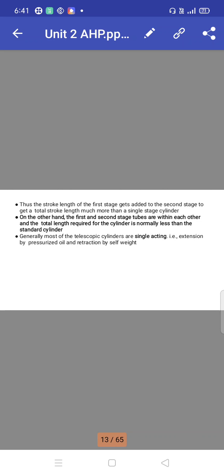Thus, the stroke length of the first stage gets added to the second stage to get a total stroke length much more than the single stage cylinder. On the other hand, the first and the second stage tubes are within each other and the total length required for the cylinder is normally less than the standard cylinder. Generally, most telescopic cylinders are single acting, that is extension by pressurized oil and retraction by self weight.